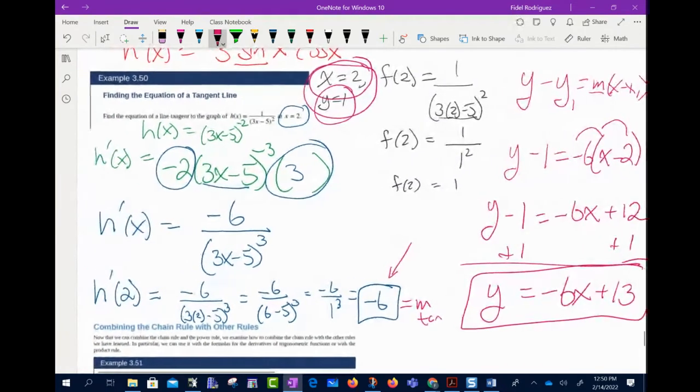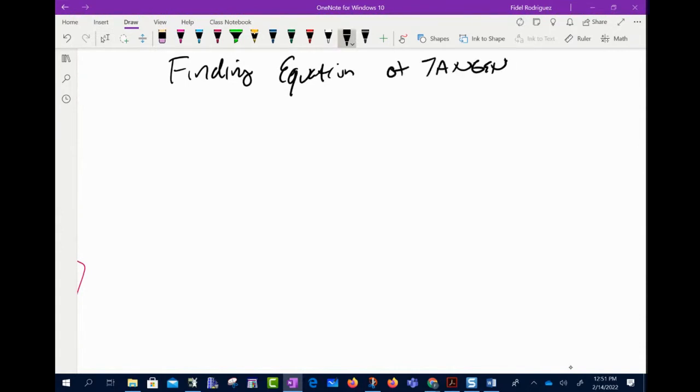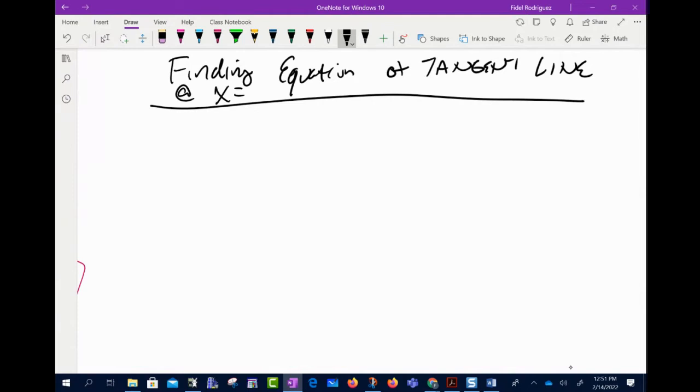So, y'all, before I go on to the next problem, because we've done this type of problem before, I know we haven't done it with this particular function, but we've found the equation of a tangent line before. So what I'm going to do over here, before I keep going, is just write on the side: the tangent line at some point x equals a.